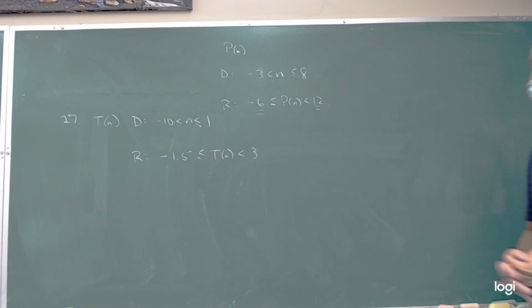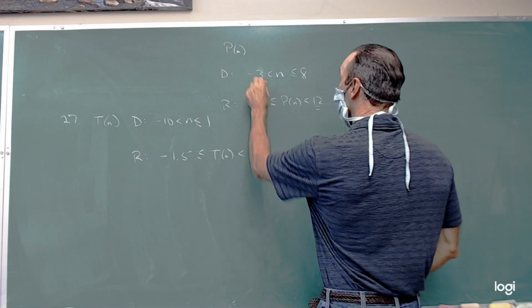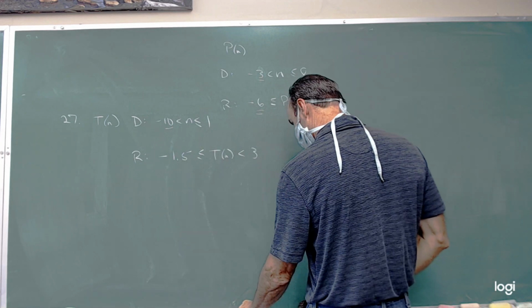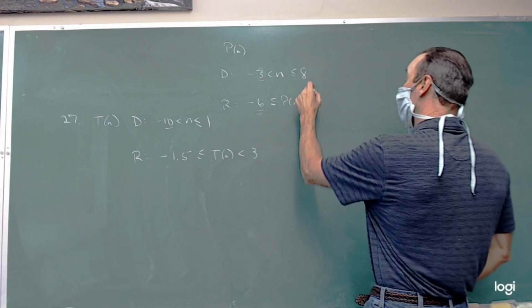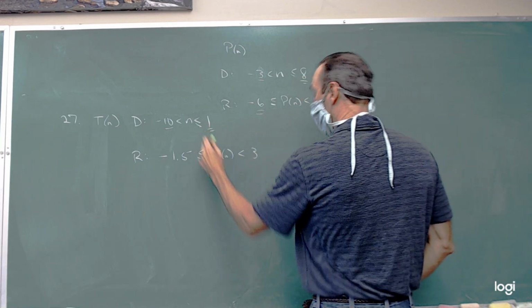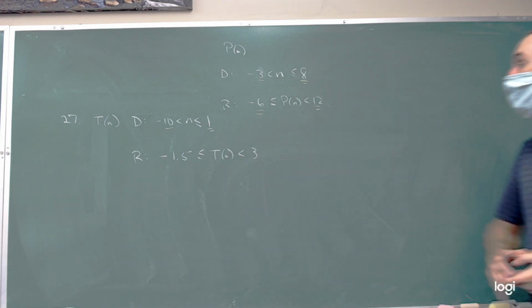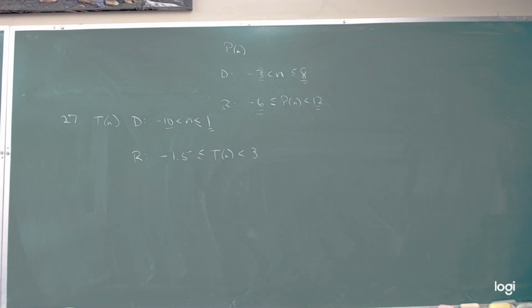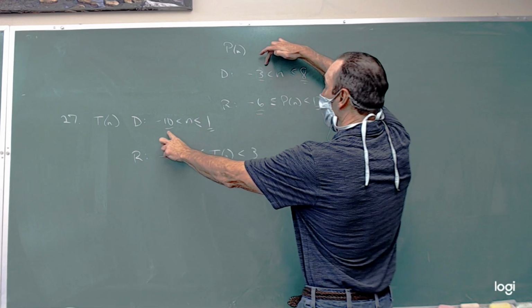Now we're trying to ask ourselves, what are we doing to the negative 3 to get to negative 10? And it has to be the same thing to go from the 8 to the 1. So we're looking at these from negative 3 to negative 10.